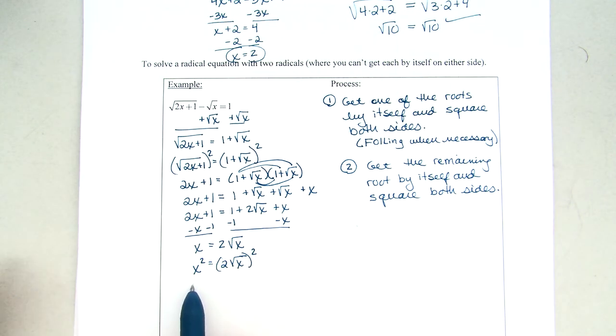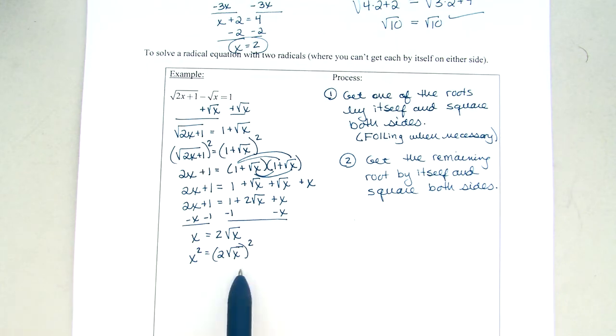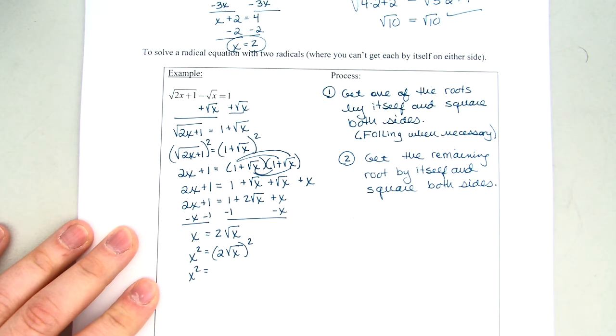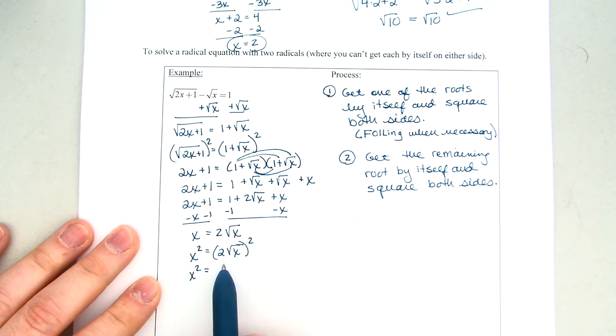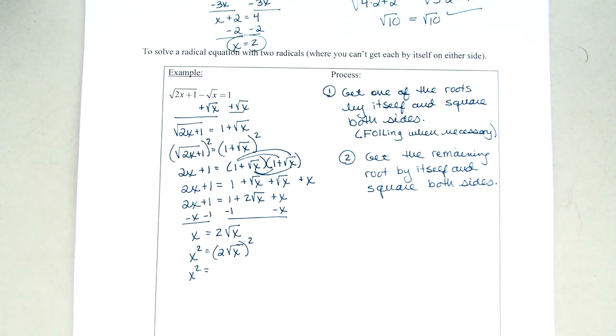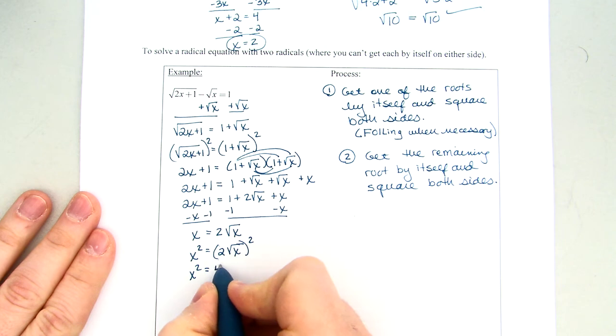Square the left, x squared. Square the right, we get that thing in parentheses squared. On the left, well, that's just x squared like I had it. On the right, let's see. I need to square the 2, and I need to square my square root. I don't have to do any foiling here because it's not a sum. It's a product, which means I can distribute the square to both pieces. 2 squared gives me 4.